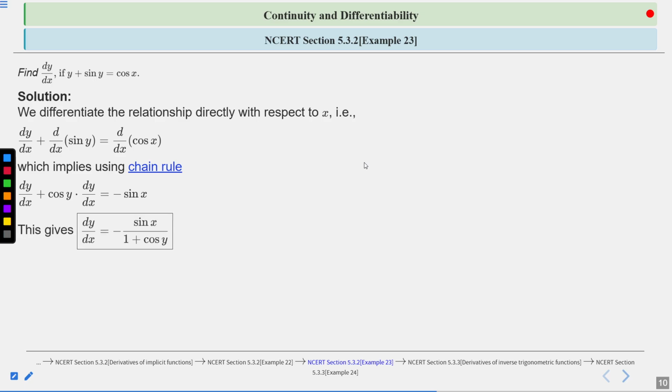This gives that dy by dx will be equal to minus sine x upon 1 plus cos y, where y will not be equal to (2n plus 1) pi. Clear?